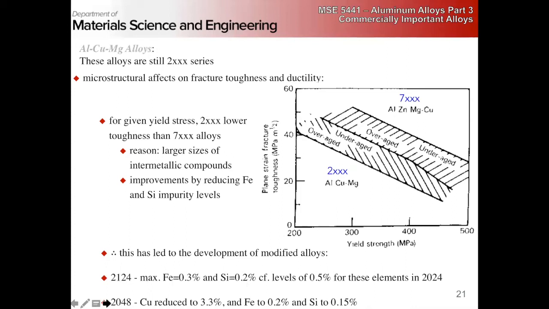And then another related alloy, 2048. Our copper's been reduced even further, and the iron and silicon have also been reduced further. And this is a very important aircraft alloy that's still in use, whereas 2024 and 2124 are kind of old-fashioned and a little obsolete at this point in time.